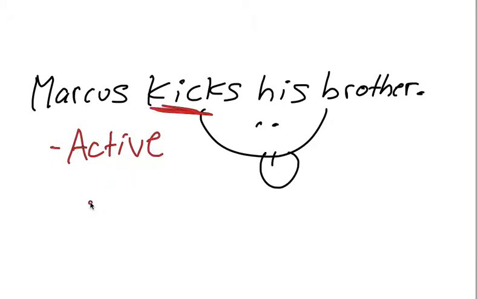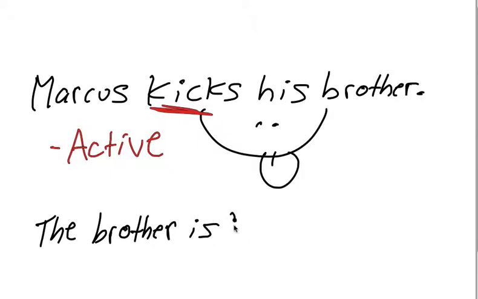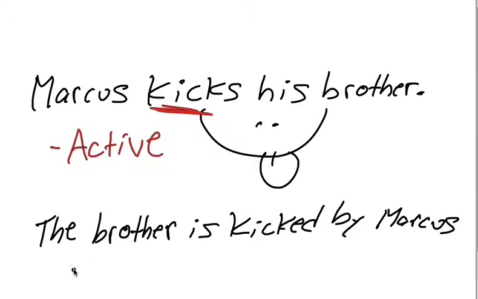To make this passive, we would say the brother, or his brother, is kicked by Marcus. So in the passive sentence, the action is being done to the brother. Think of a passive person, or if someone calls you passive, it means that you just kind of sit there and you take it, right?